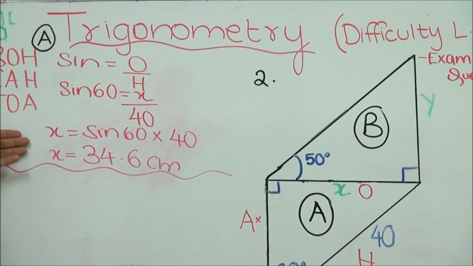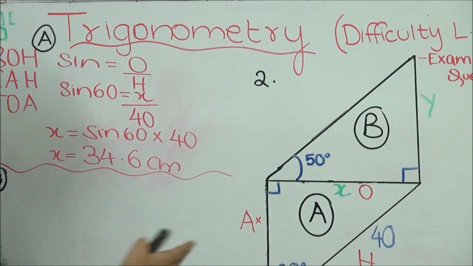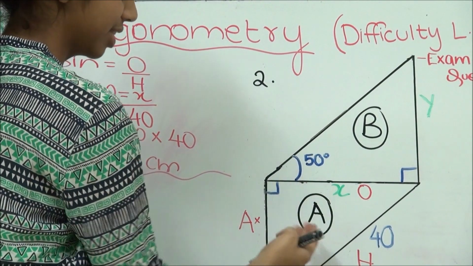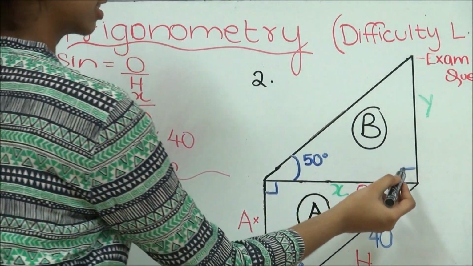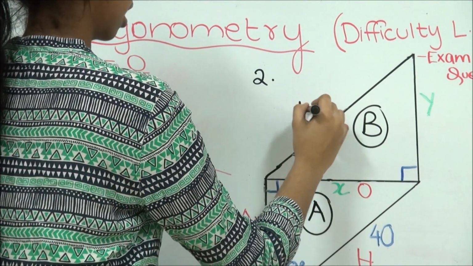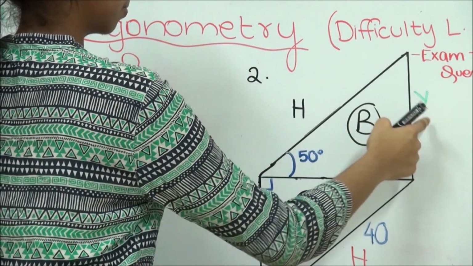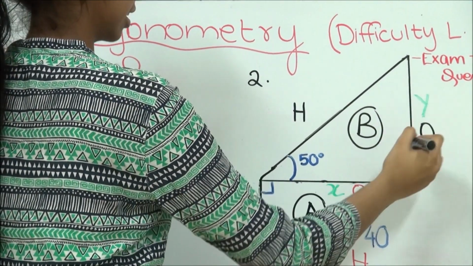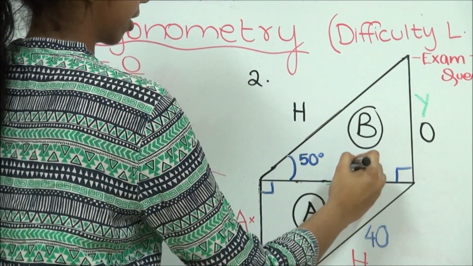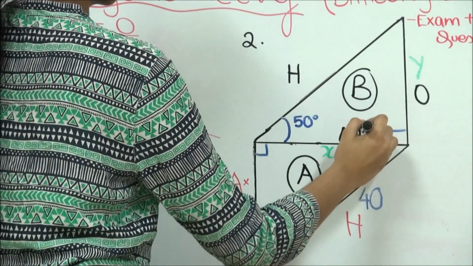After we're done with triangle A, let us go to triangle B. We need to name them accordingly as we named in triangle A. Opposite of the right angle, hypotenuse. Opposite to this angle will be opposite, and the other one, which is here, is going to be adjacent.